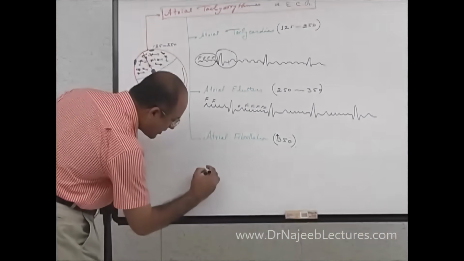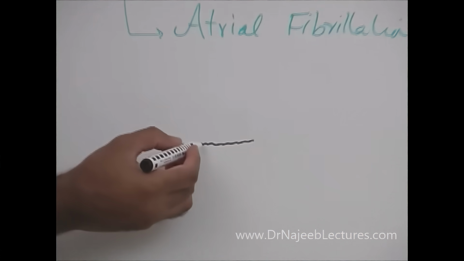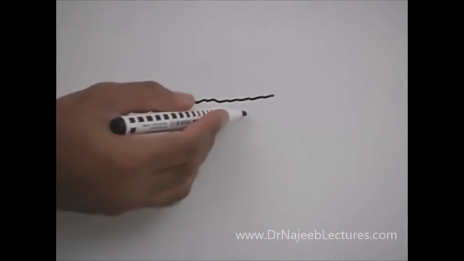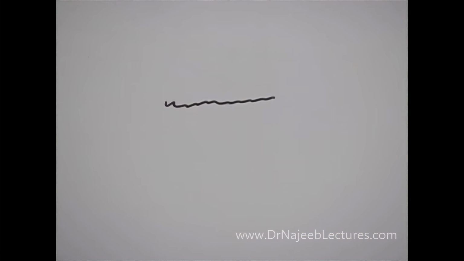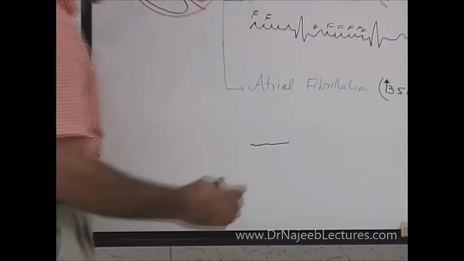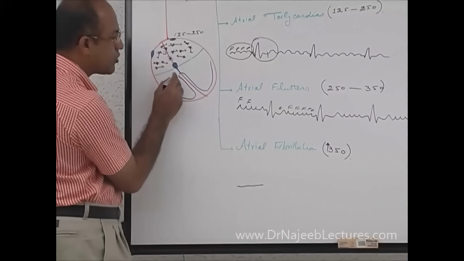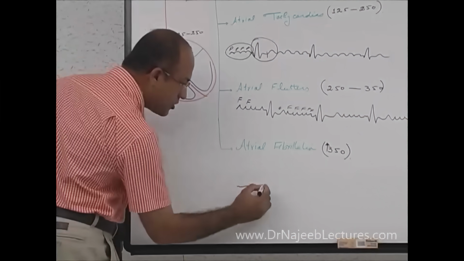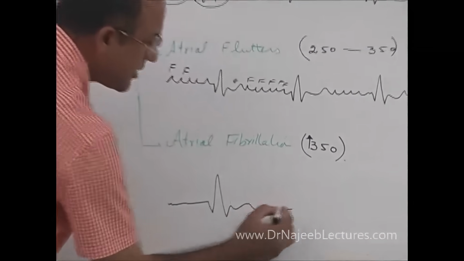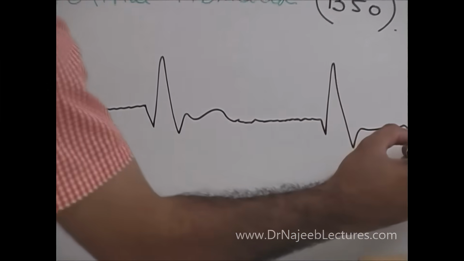Due to that reason, the baseline which should show P waves just shows some fluctuations, and these fluctuations show that there are small electrical activities, but many of them present in the atrium. Then eventually one electrical activity will be conducted down through the AV node, and that will produce a QRST complex. Again there may be slight fluctuation at the baseline, and then again QRST will be there.